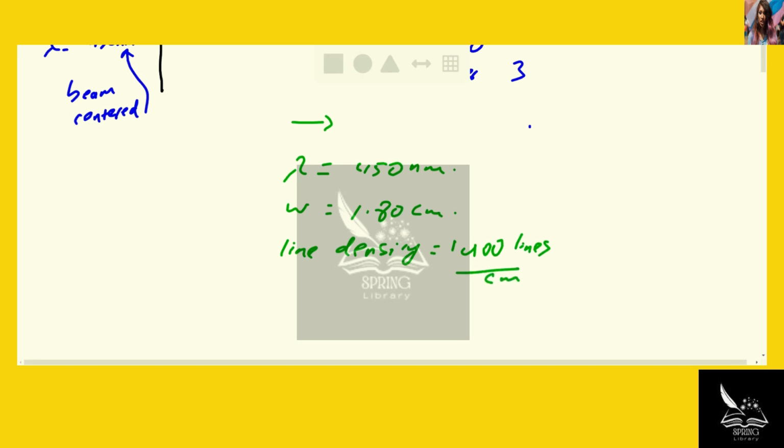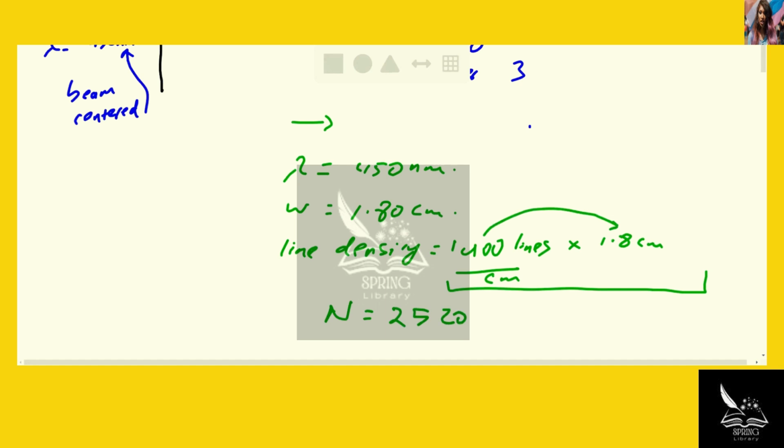Given that we have 1.8 centimeters, we can get the total number of lines, n, by multiplying 1,400 by 1.8, and that gives us 2,520 lines.